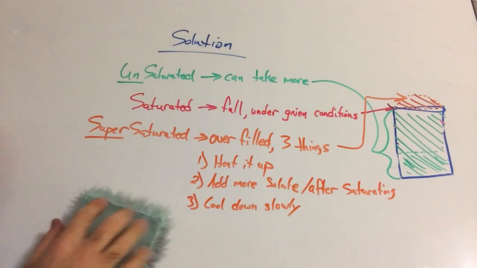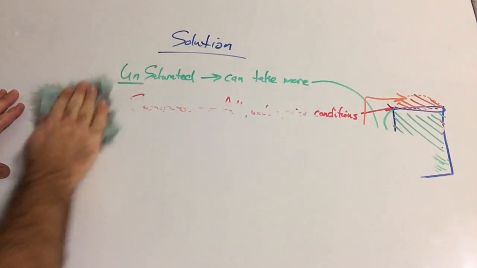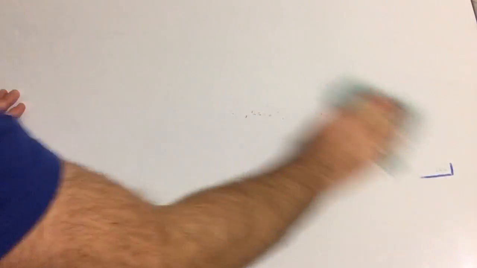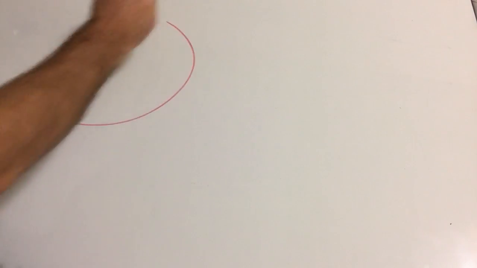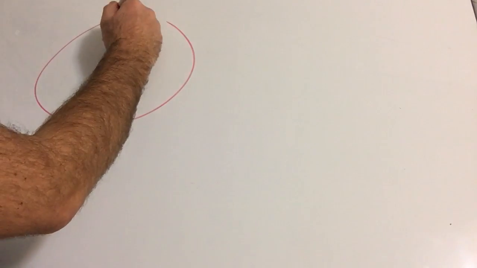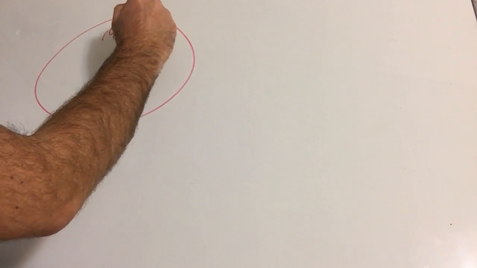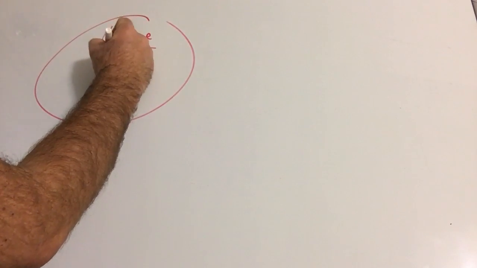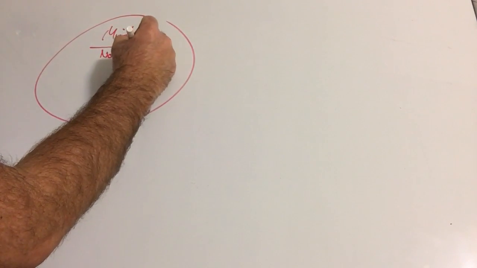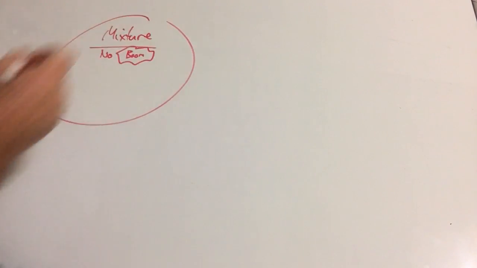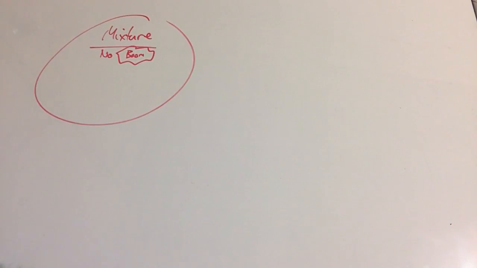If it goes boom, it is a chemical reaction and we aren't talking about this unit. If it doesn't go boom, we call it a mixture. No boom. But what if it's a special kind of mixture?